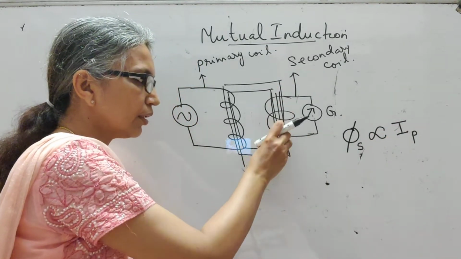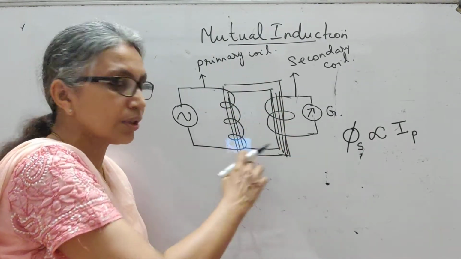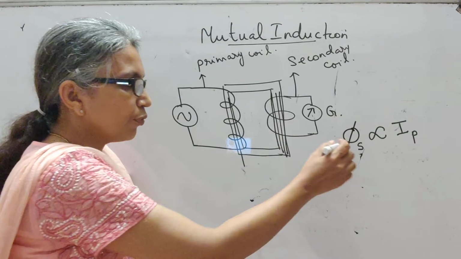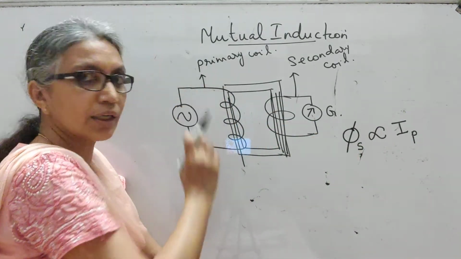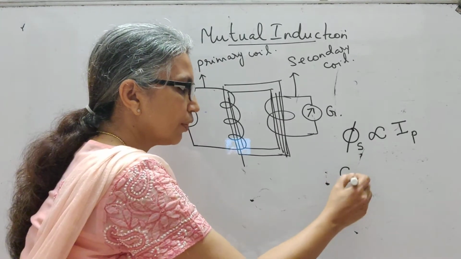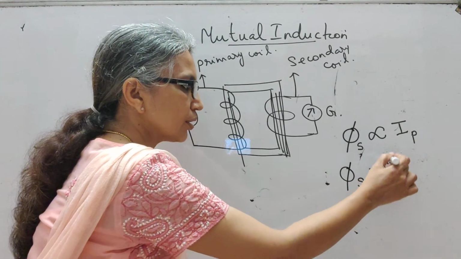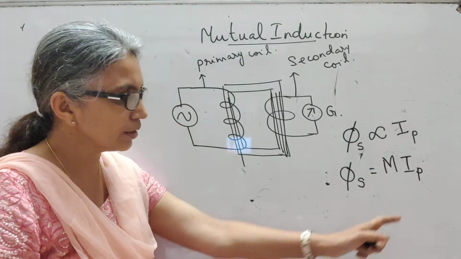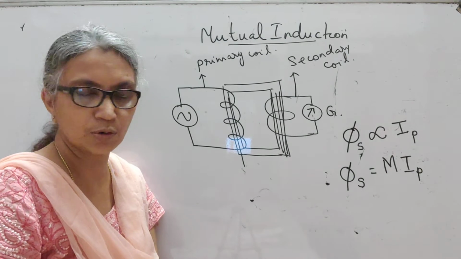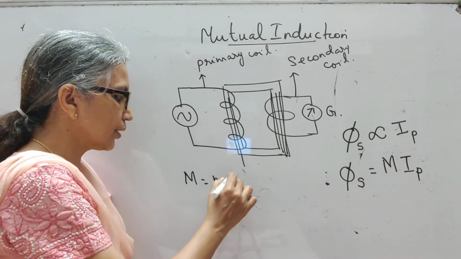The flux in the primary coil and the secondary coil are the same, because they are wound on the same core. So flux linked to the secondary coil is directly proportional to the current in the primary coil, or the flux in the secondary coil is equal to a constant M into the current in the primary coil. This M is the constant of proportionality, which is called mutual inductance.